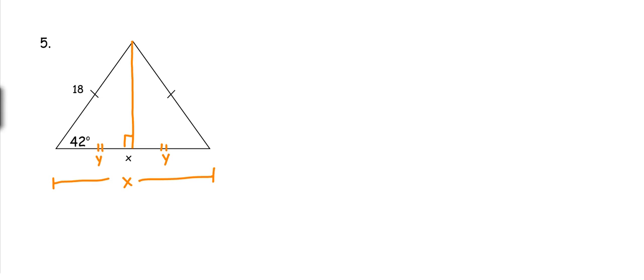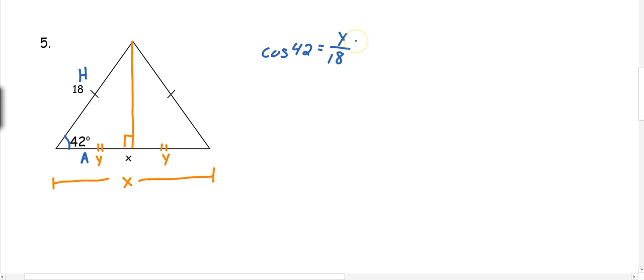So based on where my angle of 42 degrees is, y would be on the adjacent side, and 18 is on the hypotenuse because it's across from the right angle. So I would use cosine to solve for y. So the cosine of 42 is equal to y over 18.